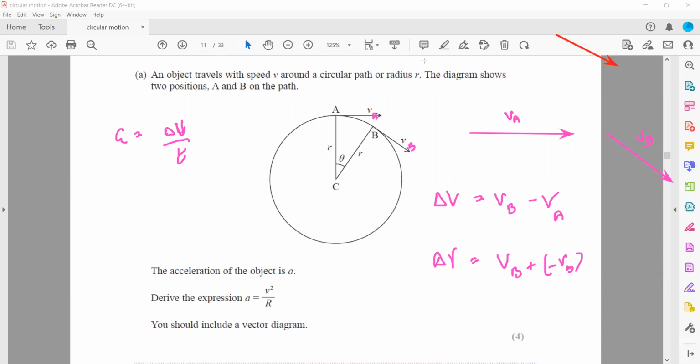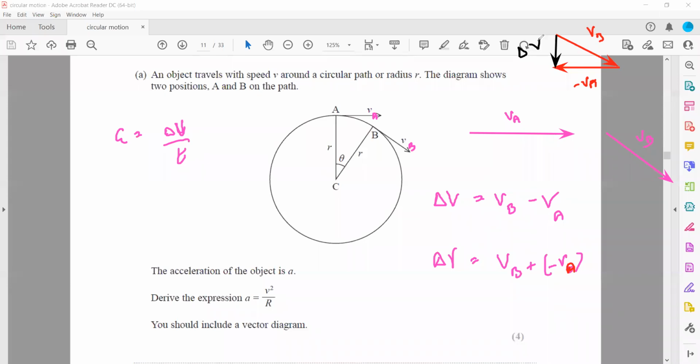What is minus VA? If VA is in this direction, because VA is from left to right, the minus VA will be opposite. So this will be minus VA. This one is VB. And what about the resultant? The resultant is from the tail of the first to the head of the last.